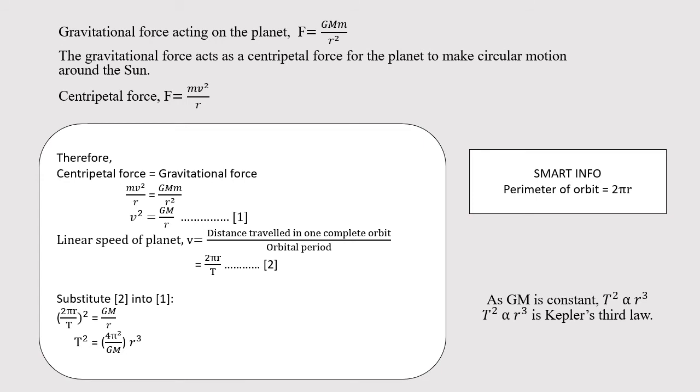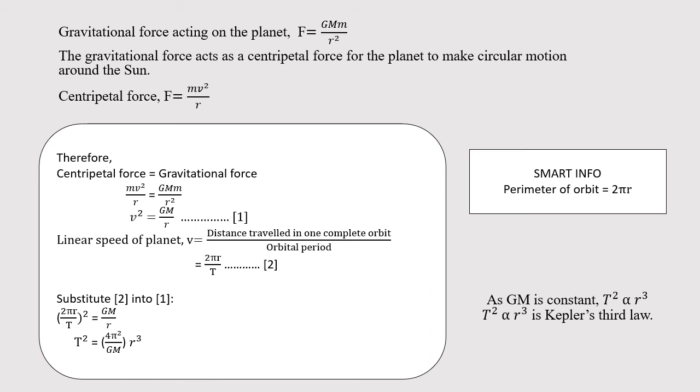The gravitational force acts as a centripetal force for the planet to make circular motion around the Sun. Centripetal force is F equal to mv squared over r. Therefore, centripetal force is equal to gravitational force.